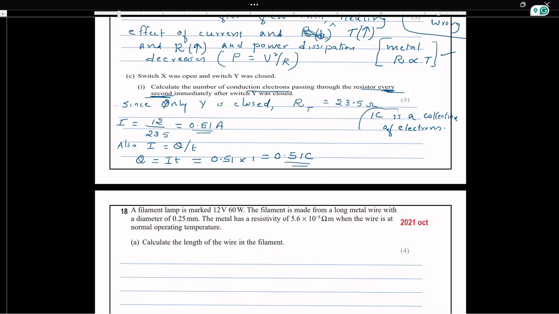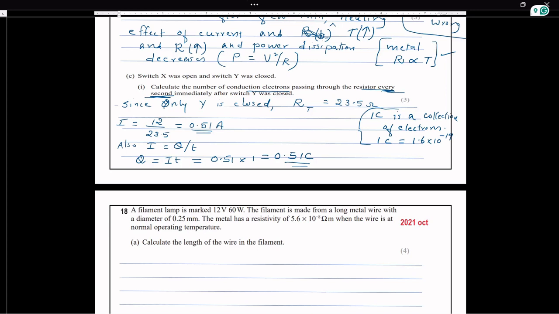So let us find out. In 1 coulomb, the number of electrons... This is the charge of the electron.